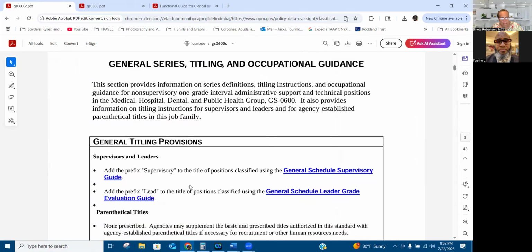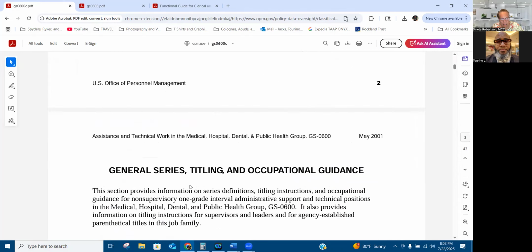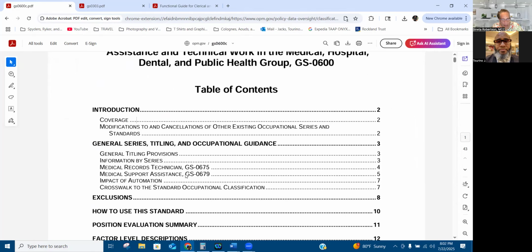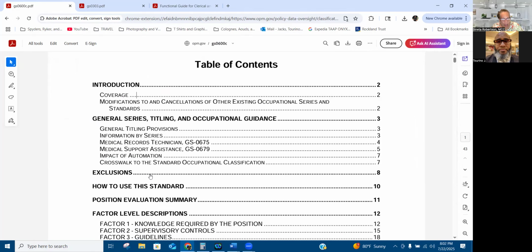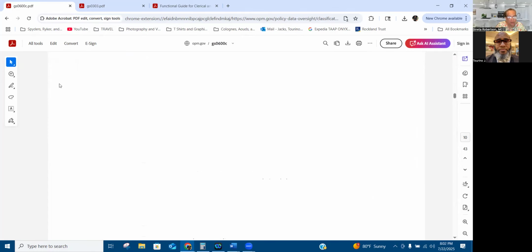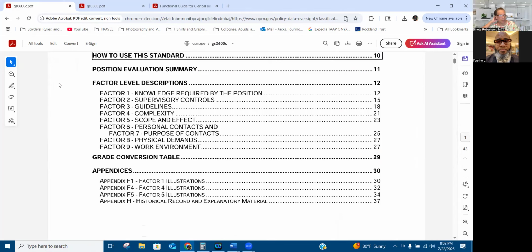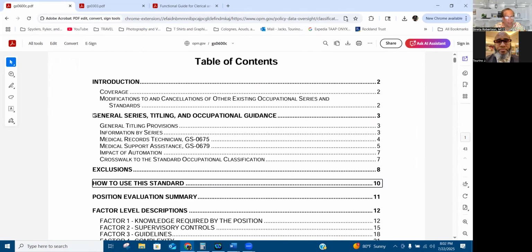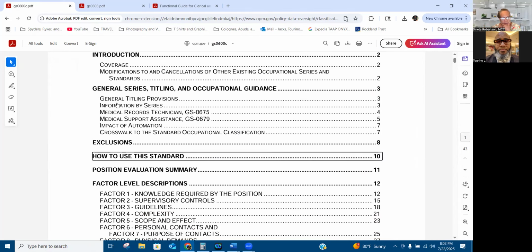All right. So to find the accurate information, if I'm going back to the top for a minute, if I'm going straight to figure out what's in here, what am I going to, how to use this standard? Or you can go to general titles and series, general series and title and occupation information.